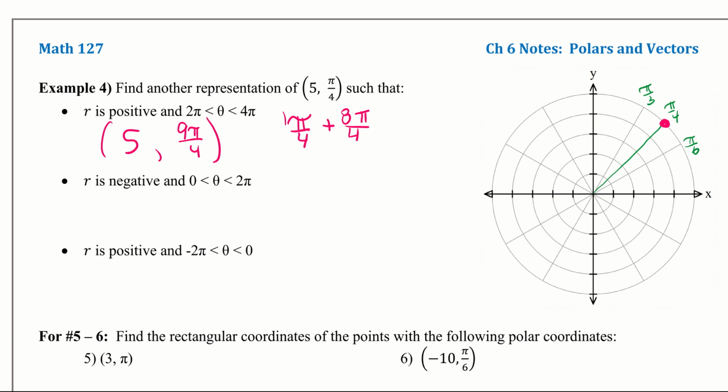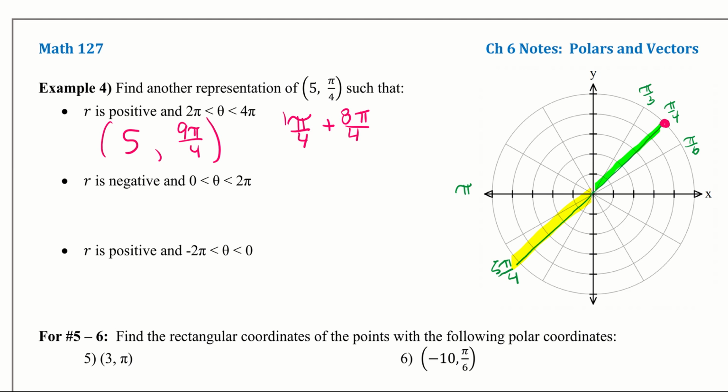If r is negative, then what I want to think about happening is I'm going along the position the exact opposite direction. So what is the pi over 4 angle that's past pi? This is 5 pi over 4. And so I want r to be negative, so I'm really going to be looking along this position, but then since I'm negative, it would pop me backwards onto this position.